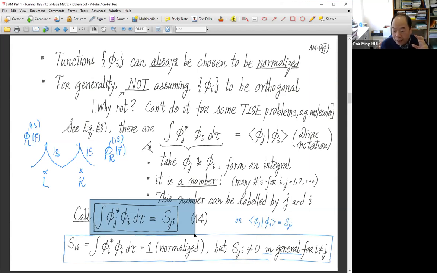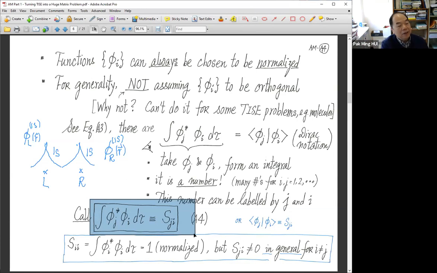The point I want to make is that if you think about the integration of left star right, integrate over all space, it is not zero, because the two 1s wave functions belong to different centers, different nuclei.